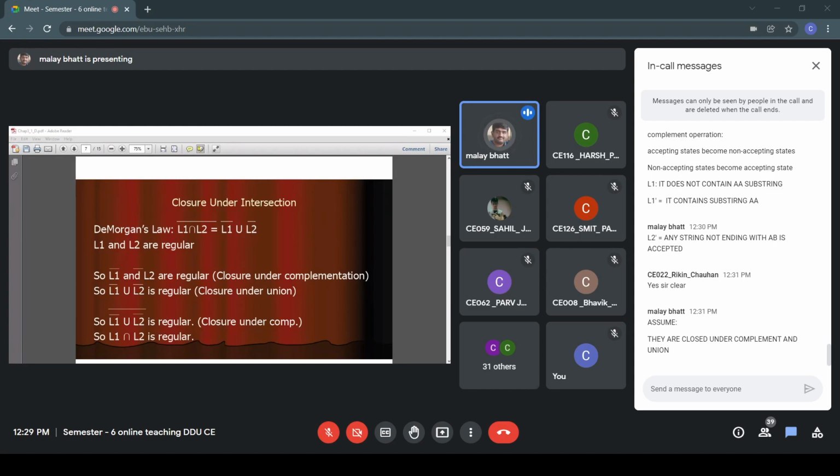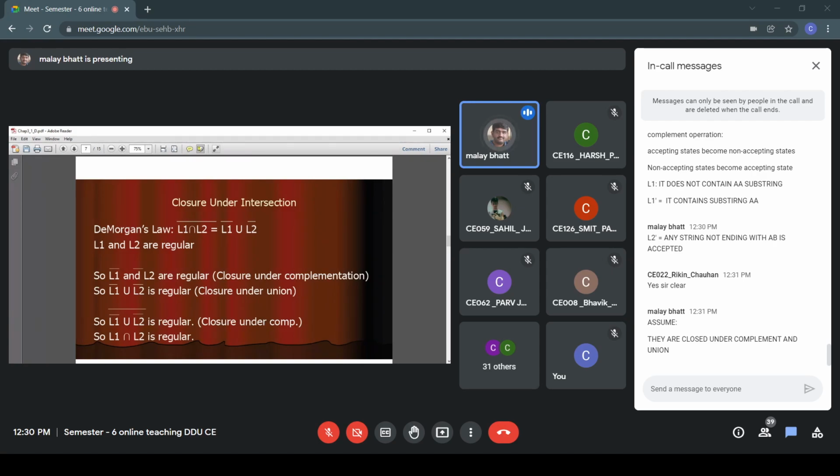Now again we'll take the complement of this union. So the complement of the union of L1 complement with L2 complement is also a regular language. So L1 dash dash gives us L1 intersection L2.